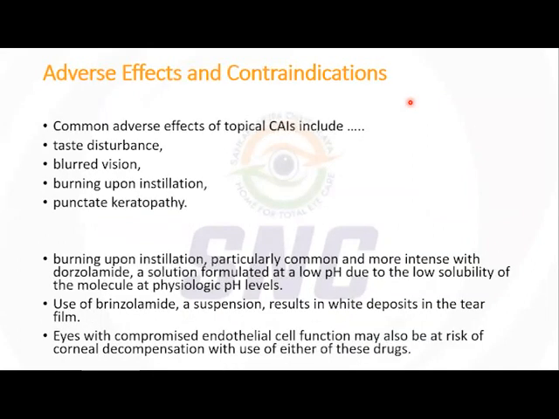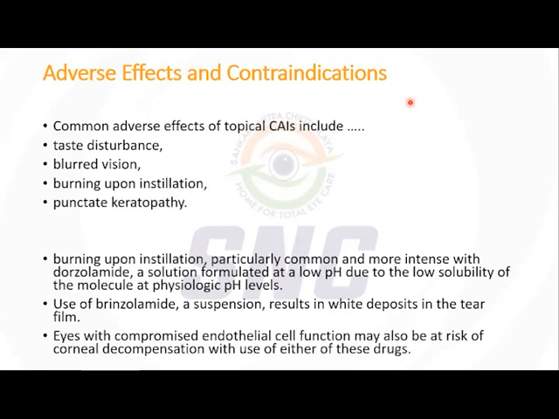Common adverse effects of topical carbonic anhydrase inhibitors include taste disturbance, blurred vision, burning on instillation, and punctate keratopathy. Burning on instillation is particularly common and more intense with dorzolamide, a solution formulated at a low pH due to the low solubility of the molecule at physiologic pH levels.